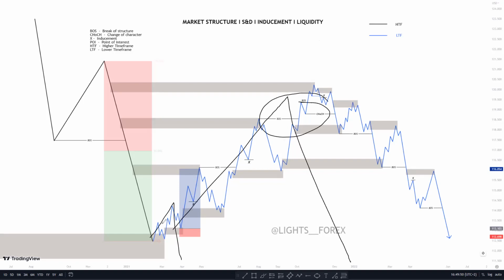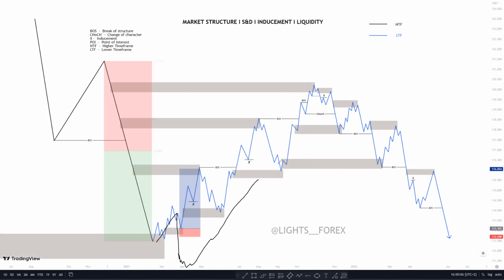These small ones are none of my business. I don't take them. And if there are a lot of pairs, I can just go for the pairs that do that at that time. If the pair is doing this, I'm not taking it at that time. Doesn't mean that the pair will always do this. When the same pair does this, then I will take these big pullbacks.